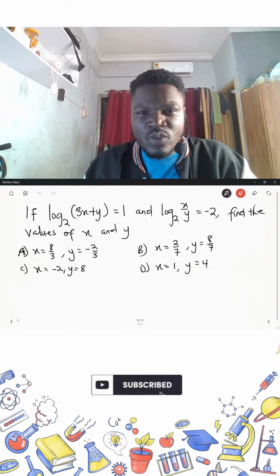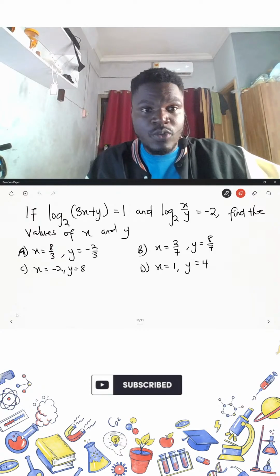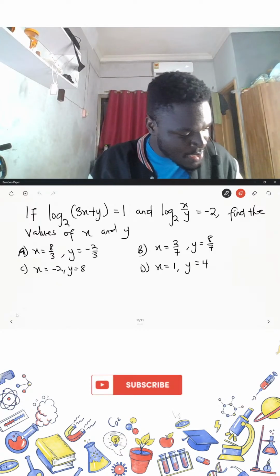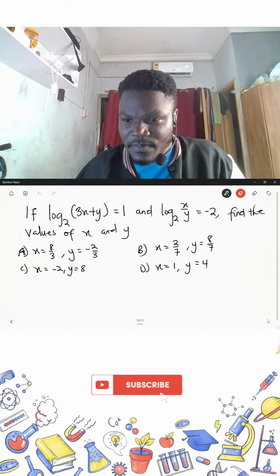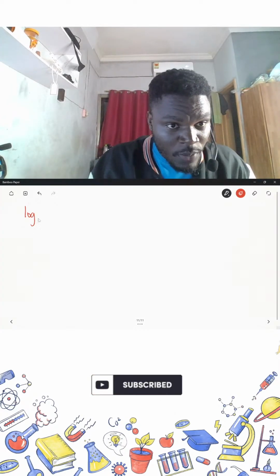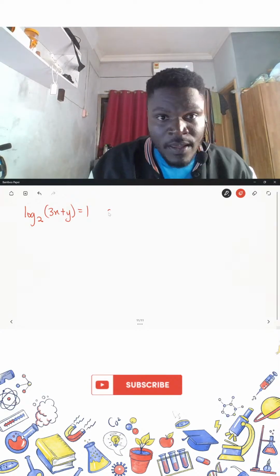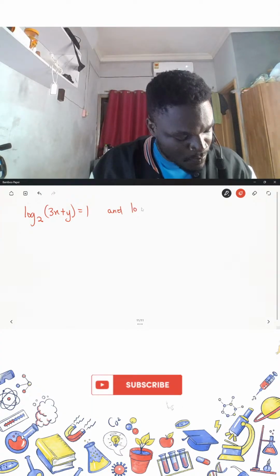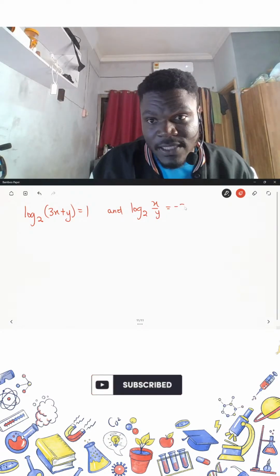We have log base 2 of (3x + y) is equal to 1, and we have log base 2 of (x over y) is equal to negative 2.